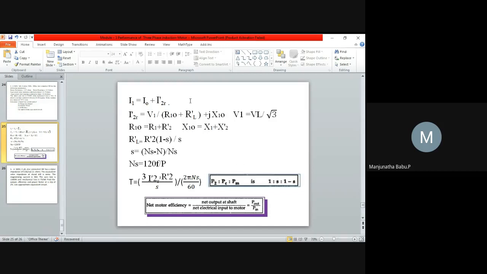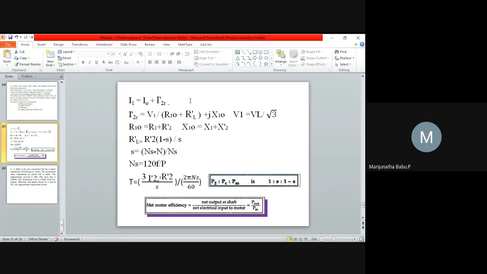I0 is 20 at an angle minus, because it is lagging, minus cos inverse of 0.09, which is minus 84.84. So now I0 is equal to 20 at an angle minus 84.84, the no load current.